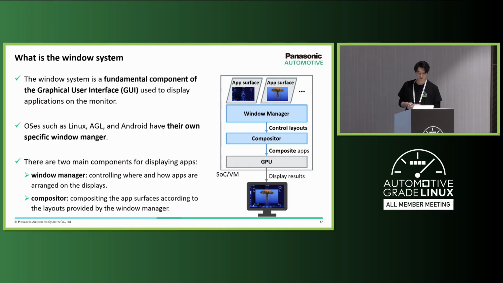There are two main components for displaying applications on the computer screen. First is the window manager, which controls where and how applications are arranged on the displays by using its layout controlling functions. And the second is the compositor, which composites the application surfaces according to the layouts provided by the window manager.